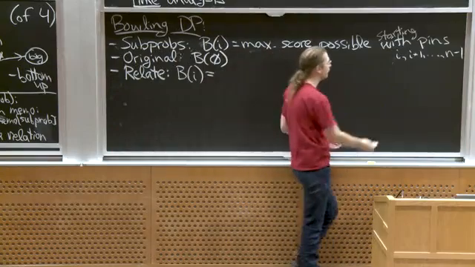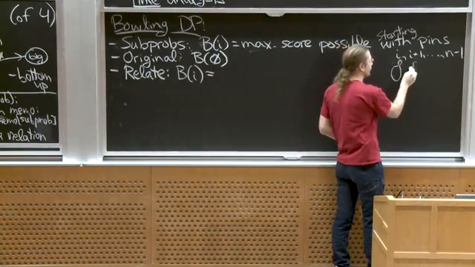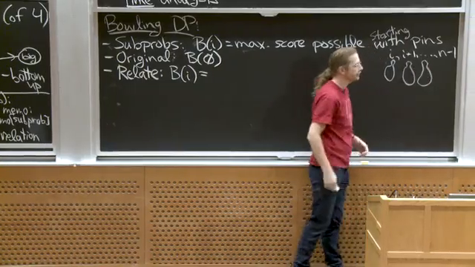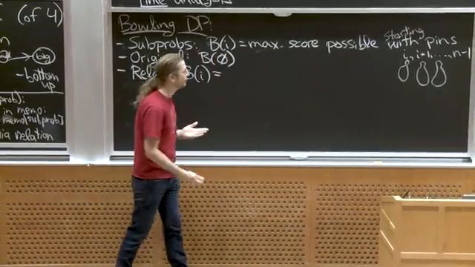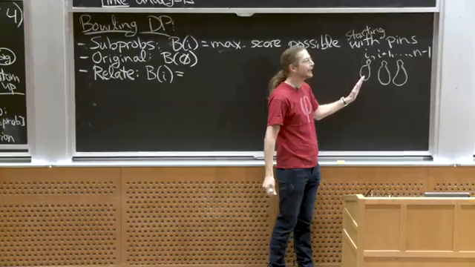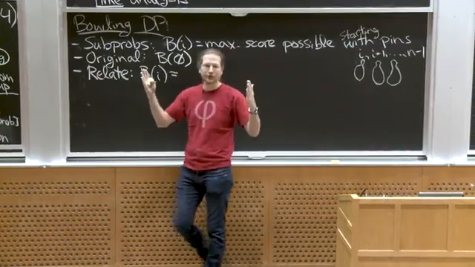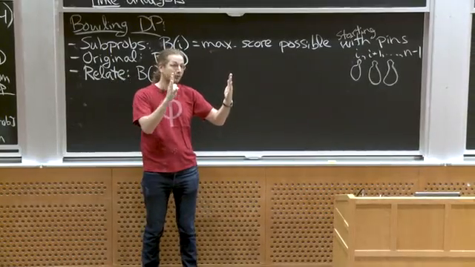So we have pin I here, and then the remaining pins. The big idea here is that the nice thing about suffixes is if I take off something from the beginning, I still have a suffix. Remember, my goal is to take this subproblem, which is the suffix starting at I, and reduce it to a smaller subproblem, which means a smaller suffix.